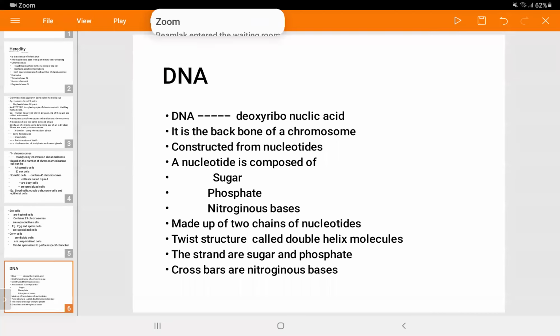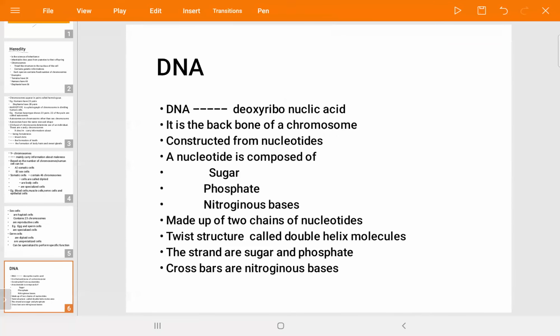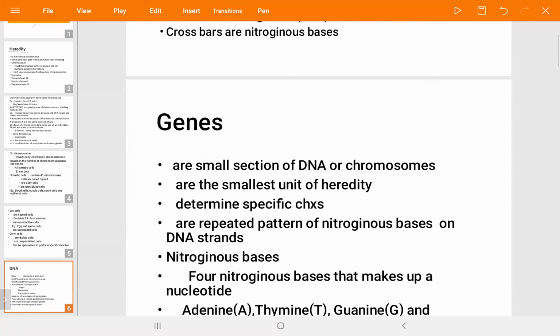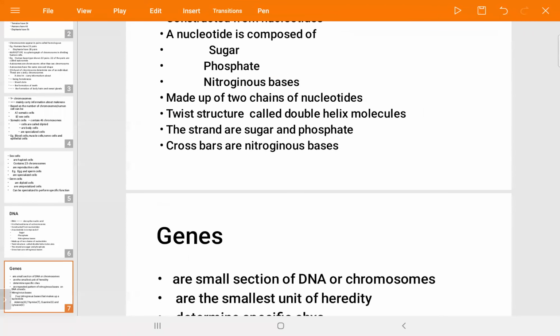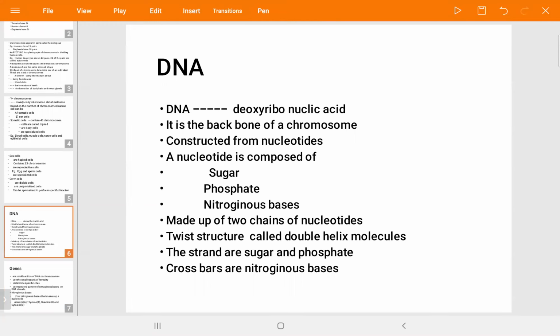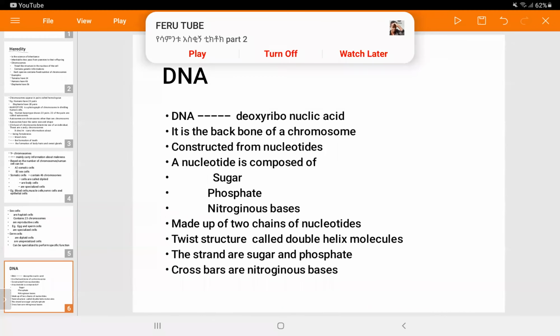Now, in DNA, we have 4 nitrogenous bases. These nitrogenous bases are adenine, thymine, guanine, and cytosine. A single nucleotide consists of one of the 4 nitrogenous bases. Indirectly, we have 4 kinds of nucleotides.